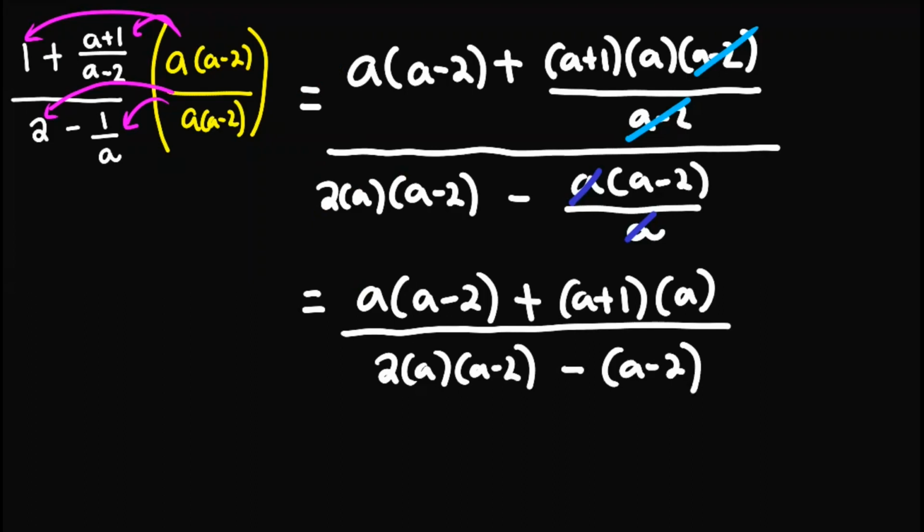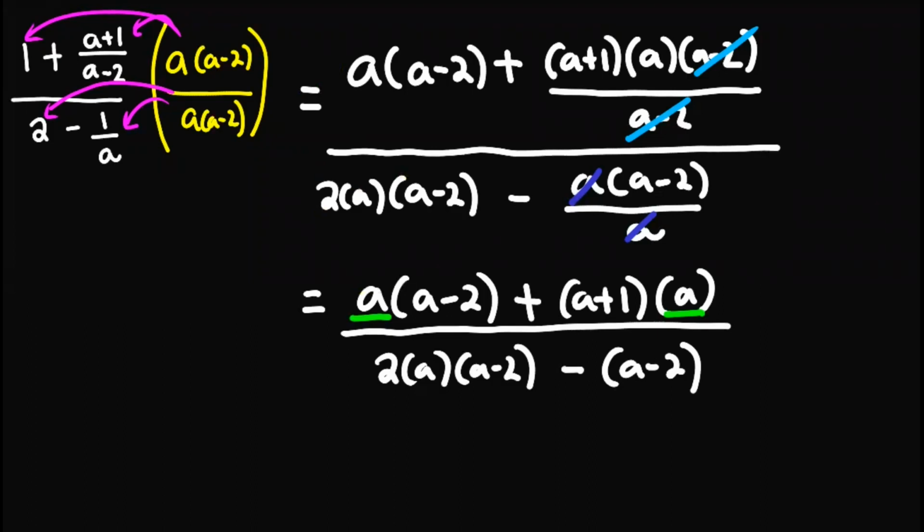Now you could simplify this immediately, but to avoid possible further complications later, we could do some algebraic manipulations. So first, since we have a common factor of a in the numerator, we can factor that one out.